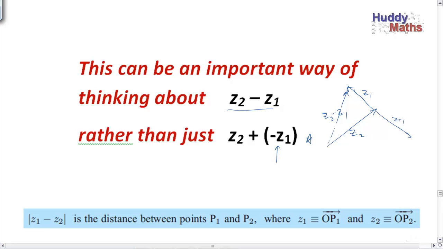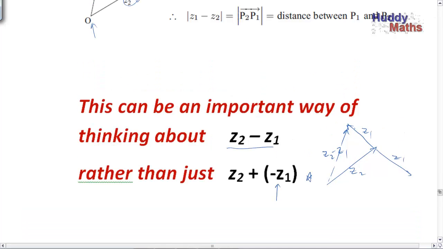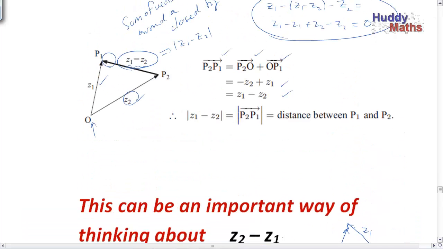So Z2 take Z1 would be done differently. Let's go back up here and have a look at this one. Here we've got Z2 take Z1 as being the final side joining Z1 and Z2. What would Z2 take Z1 look like if we did it the other way? Go Z2 and then add the negative of Z1.